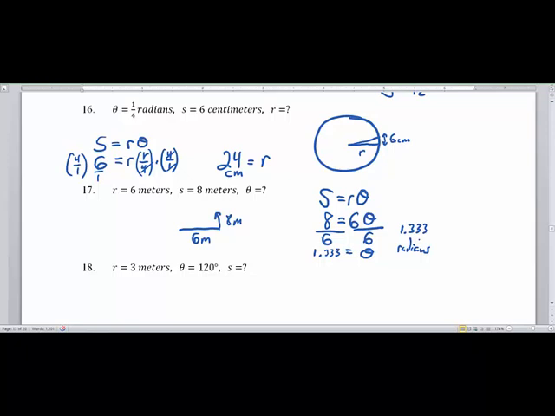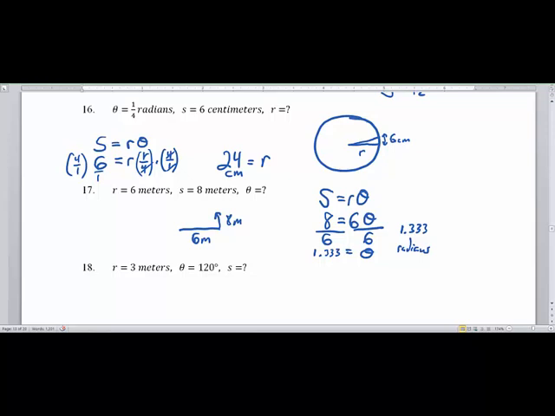Which is roughly 1.333 times 57.3. You'd have to calculate that on your calculator for the best results here. I quickly type that in to get roughly 76.4 degrees. So it's under 90, but that's okay.